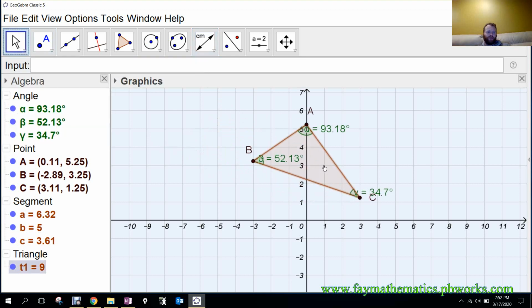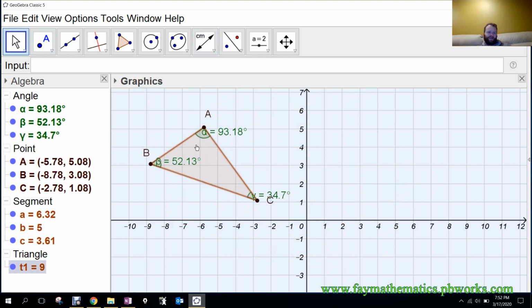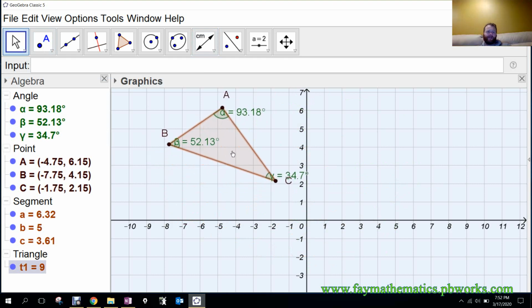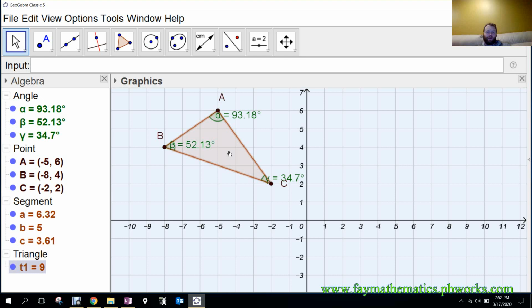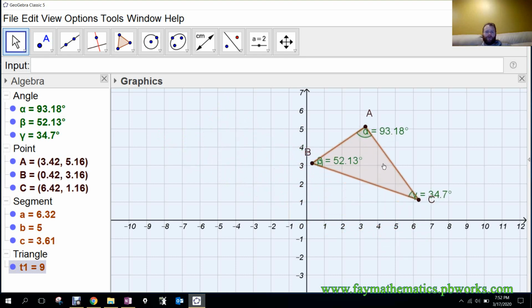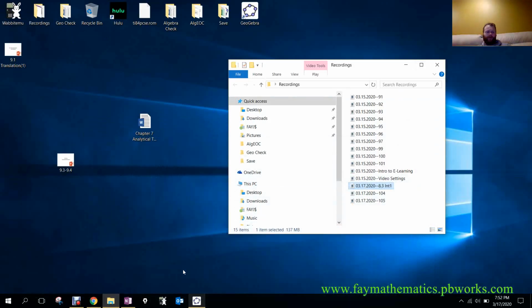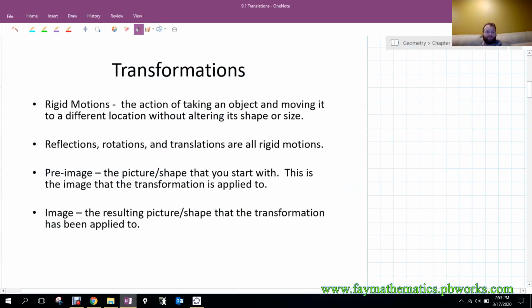When I move the triangle, those 3 distances stay the same. So what that means is that the shape I started with and the shape I finish with, wherever I move it to, the 2 shapes are still congruent. That's a unique thing with what we call rigid motions.